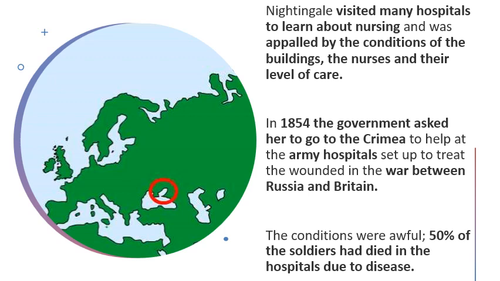And she persuaded the government to let her send her and her team of nurses out to the Crimea, modern-day Ukraine, to set up army hospitals, because at the time you were just as likely to die from diseases like cholera and diphtheria, typhoid, all that kind of stuff, in a military hospital than you were from a sword wound or a bullet wound. If you went in with a scratch, you'd probably catch some sort of nasty infection because the hospitals were so filthy, and then die from that.